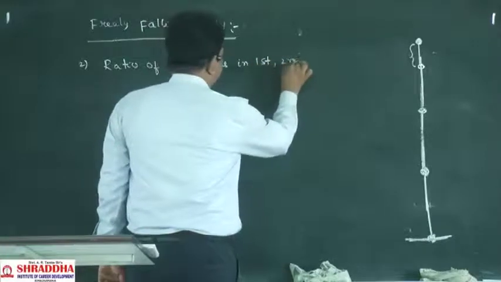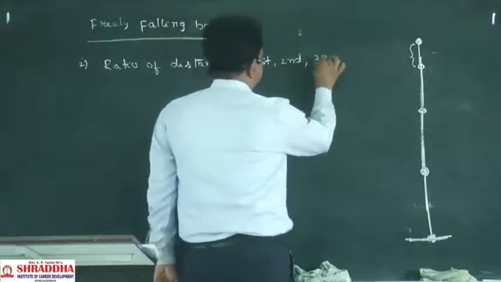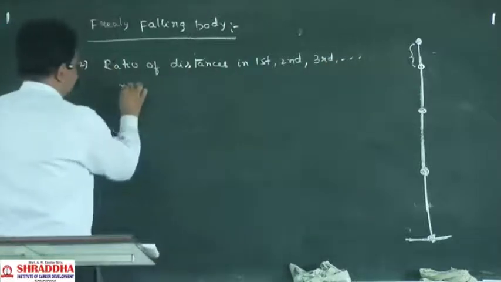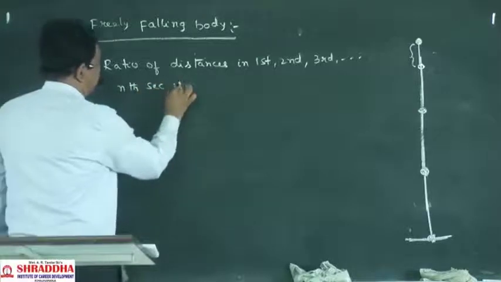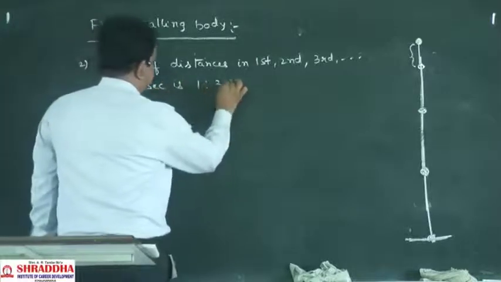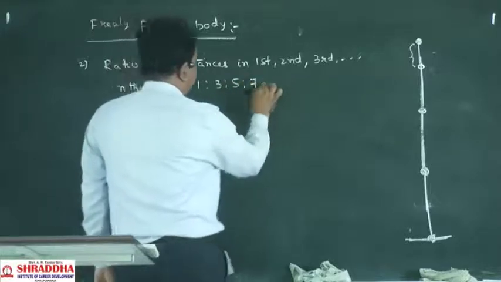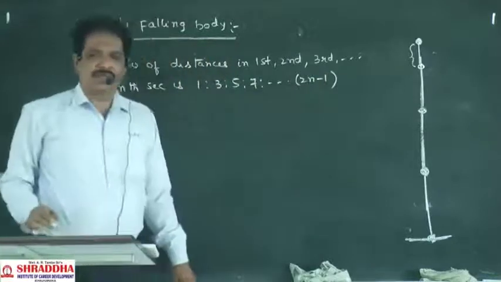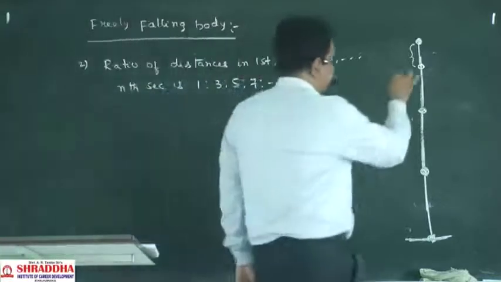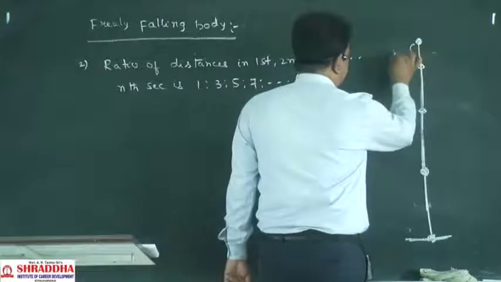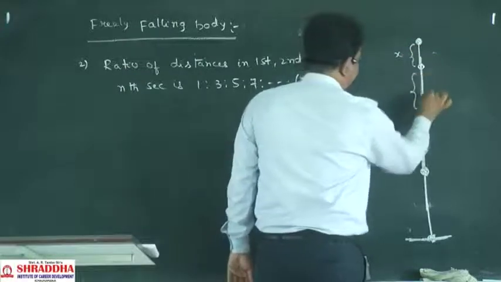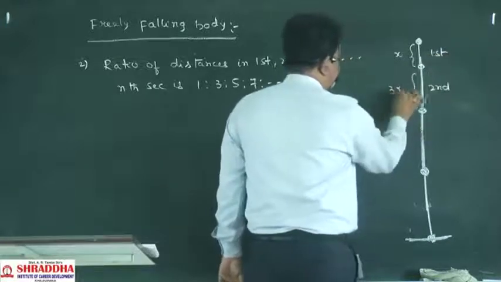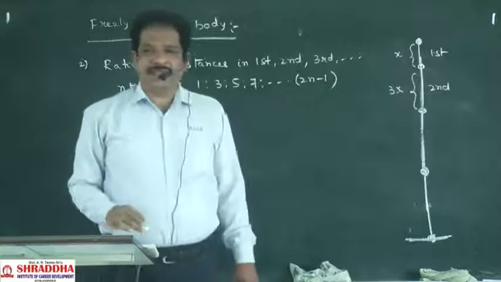Ratio of distances in the first, second, third, nth second is 1 is to 3 is to 5 is to 7 is to 2n minus 1. If in the first second it traveled a distance x, in the second second it will travel 3x.